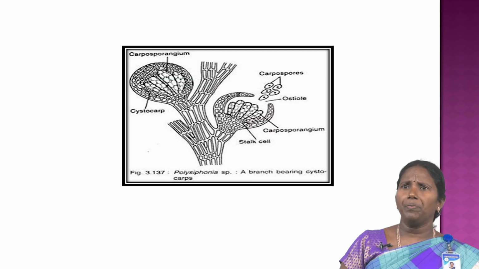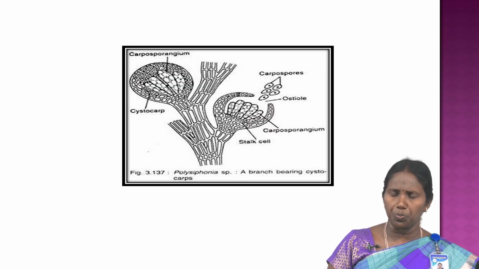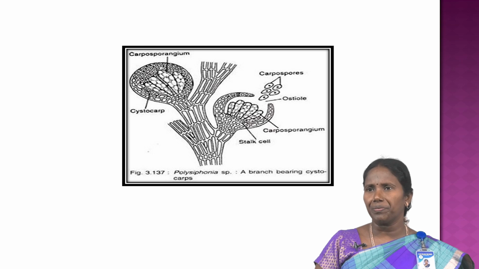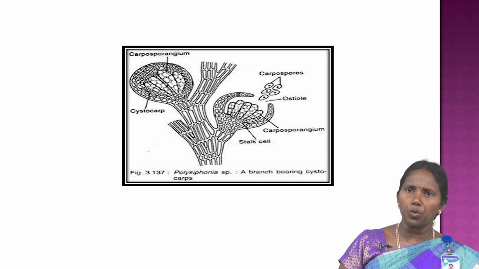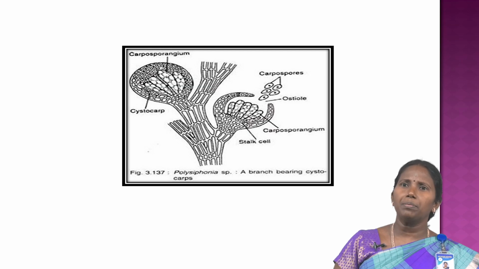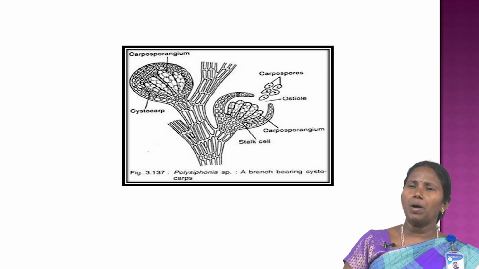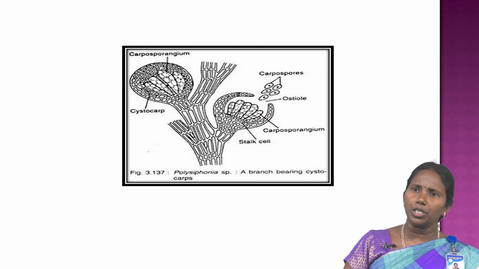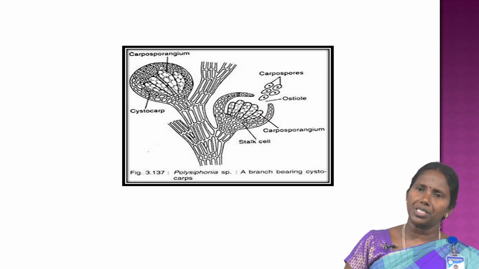Germination of carpospore. On coming in contact with any solid surface, the diploid carpospore gets attached, then undergoes first mitotic division and forms a large upper cell and a small lower cell. Both the cells undergo mitotic division and form a four-cell stage.